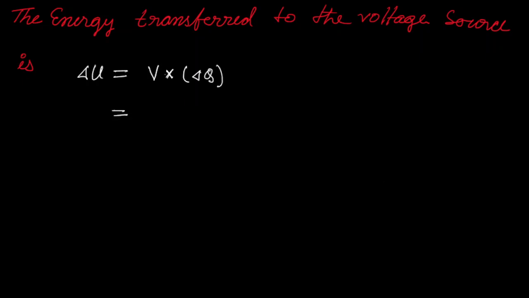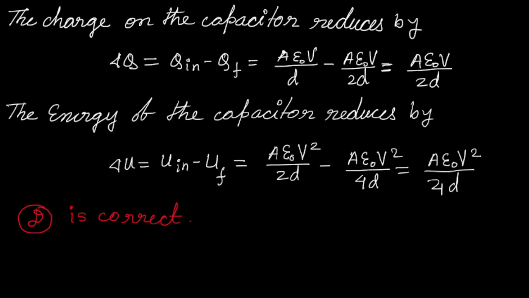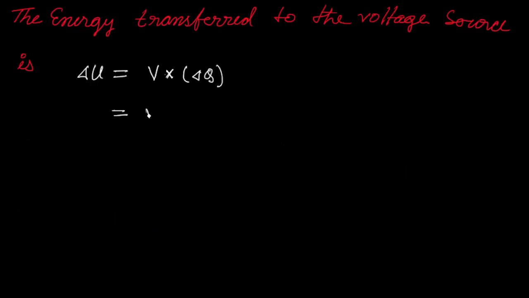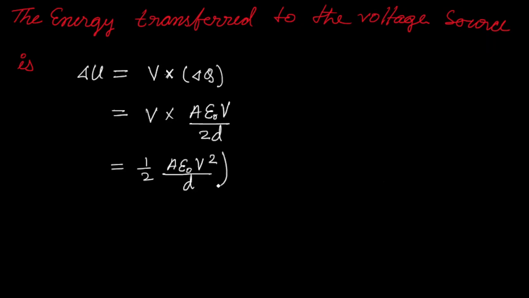We have already calculated how much charge is reduced in the capacitor, so we put that value here. This dq is A epsilon naught V divided by 2d. So V into A epsilon naught V divided by 2d gives half A epsilon naught V square divided by d. So this amount of energy will transfer to the voltage source from the capacitor.